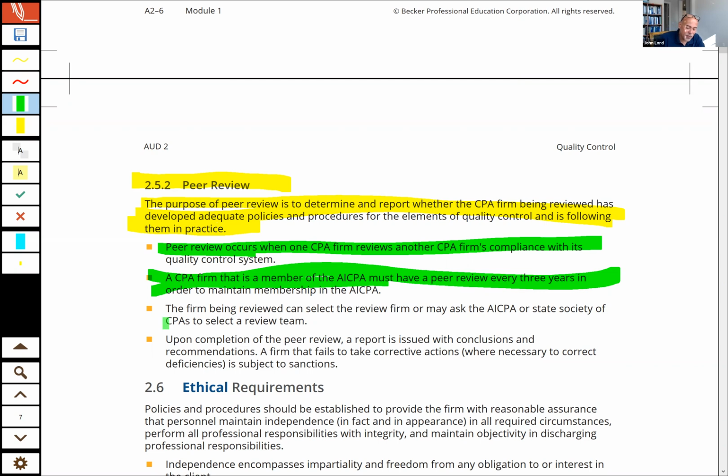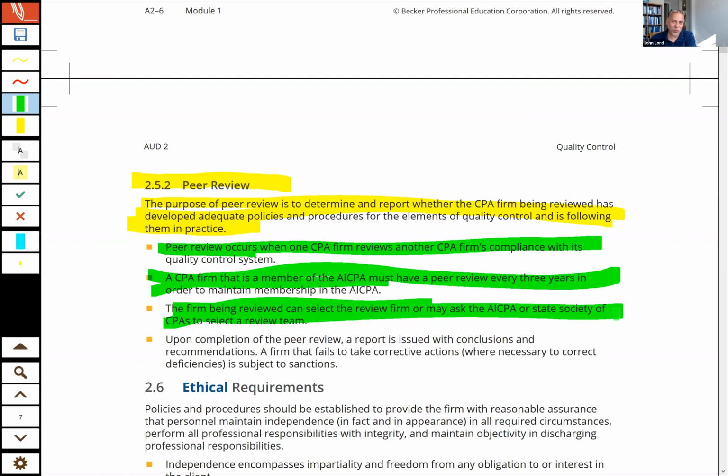And even though we say here that the CPA firm can choose the entity, the other CPA firm that peer reviews them, generally what the Board of Accountancy laws will say is that it has to be a firm that is registered with an accepted peer review program.